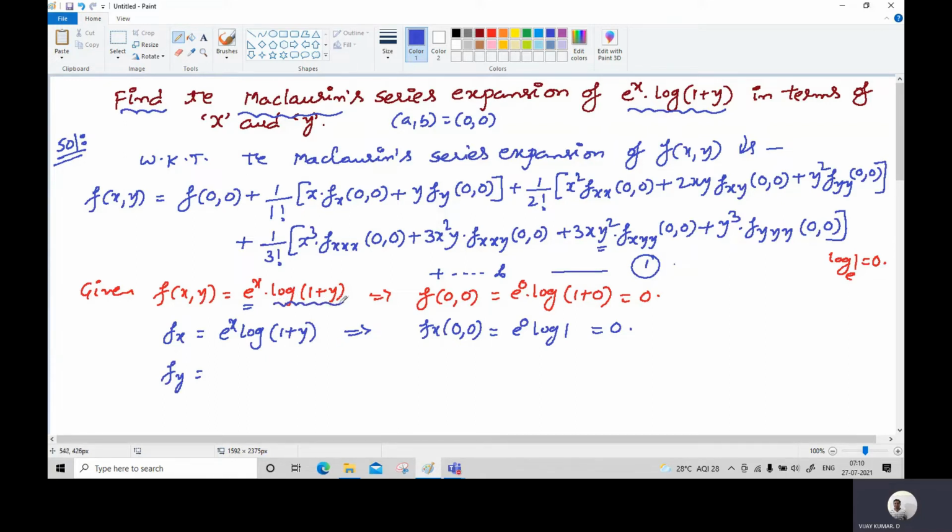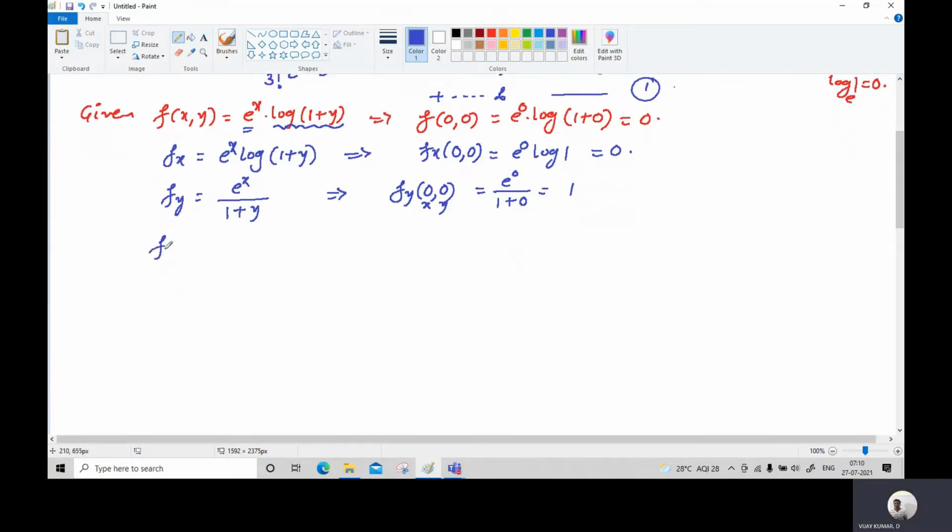In this case, log of 1 plus y is the variable. Already you know that differentiation of log x is 1 by x. In the similar way, you will get e power x by 1 plus y. So replace the point, you will get fy at origin is e power 0 by 1 plus 0. Whenever we have x, replace it by 0. Whenever we have y, replace it by 0. You will get this one. E power 0 is 1, 1 plus 0 is 1, 1 by 1. So you will get only 1.